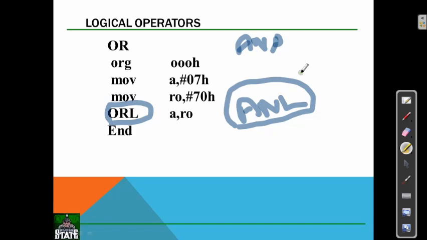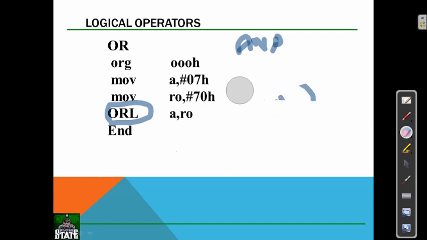The AND operation is different: only if both inputs are high will the output be high. Otherwise, if either input is low, the output will be low. That is the AND operation. So instead of ORL we put ANL, and we have the AND program.